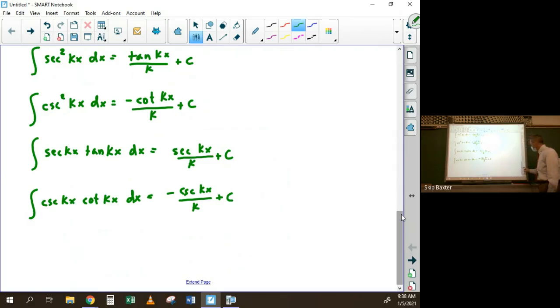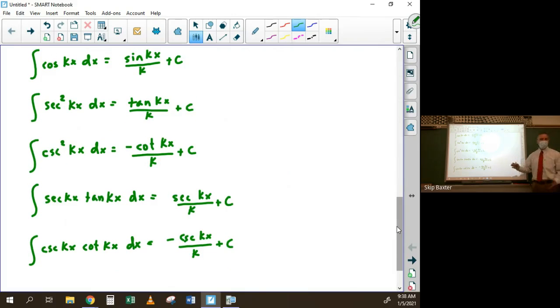So any questions on those basic rules? Got 6 trig rules. You got the power rule, and then rules having to do with constants and addition and subtraction. Remember, there's no product rule. There's no quotient rule as it relates to integrals.